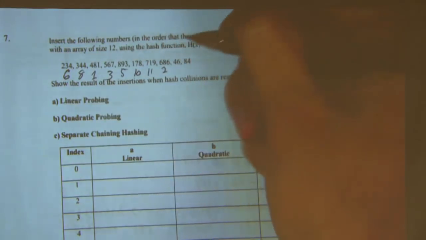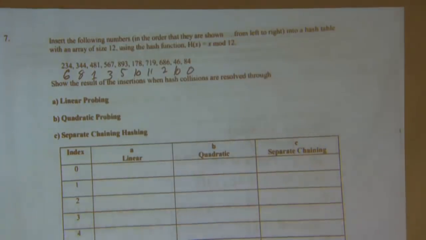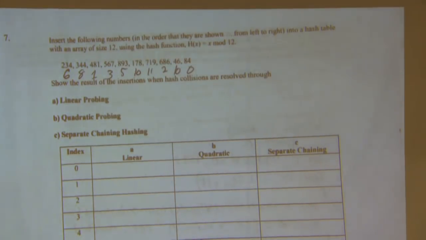So this one is 6, this one's 8, this one's 1, 3, 5, 10, 11, 2, 10, 0. Those numbers I wrote below are just the number modded by 12, which is all our hash function is doing.